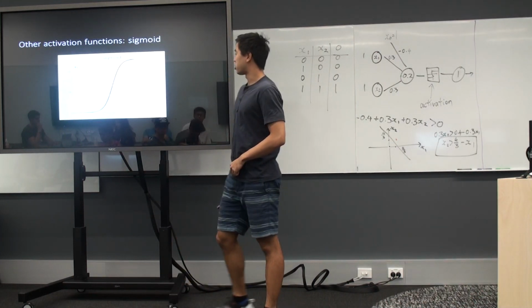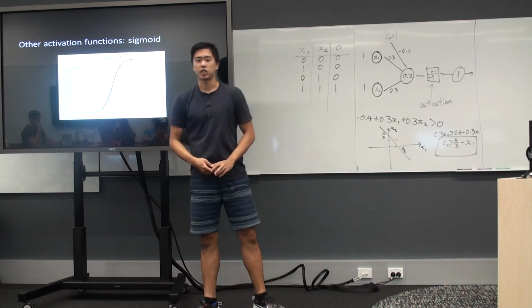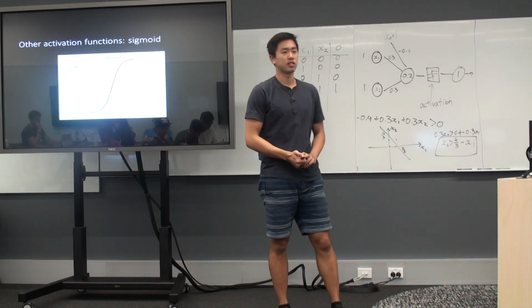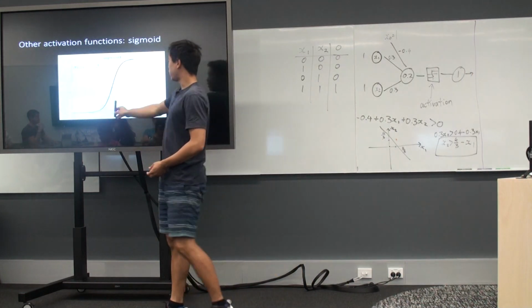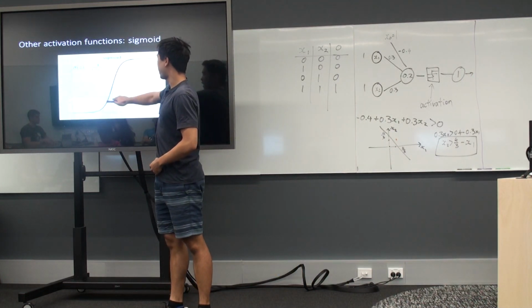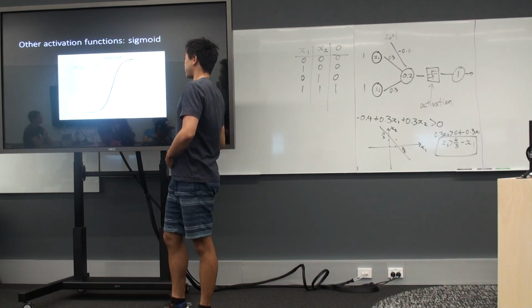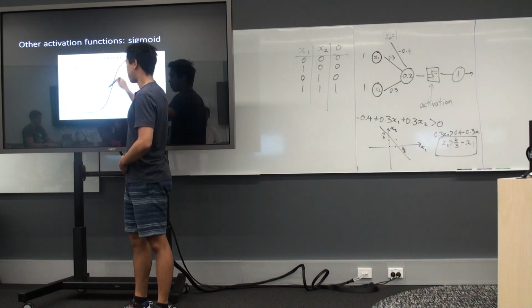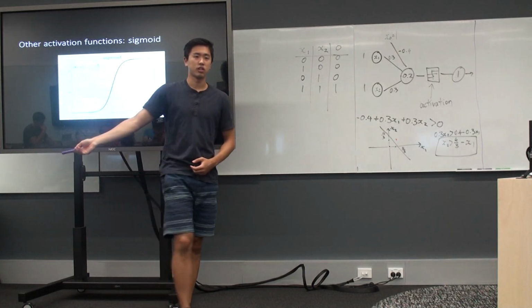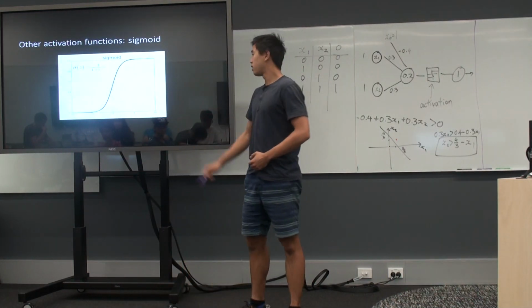So sigmoid of z equals 1 over 1 plus e to the power of minus z. So it looks kind of like an S. At 0 it's 0.5, as it goes towards infinity it approaches 1, and as it goes towards negative infinity it approaches 0.